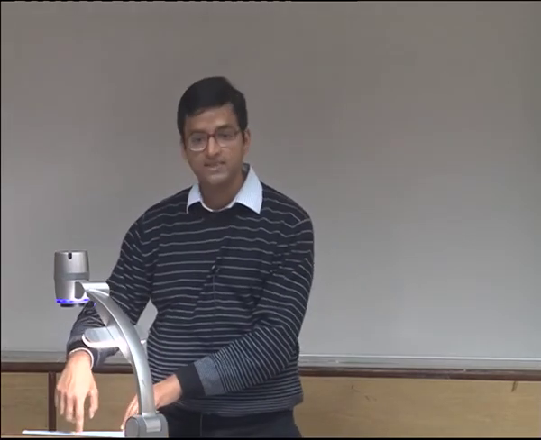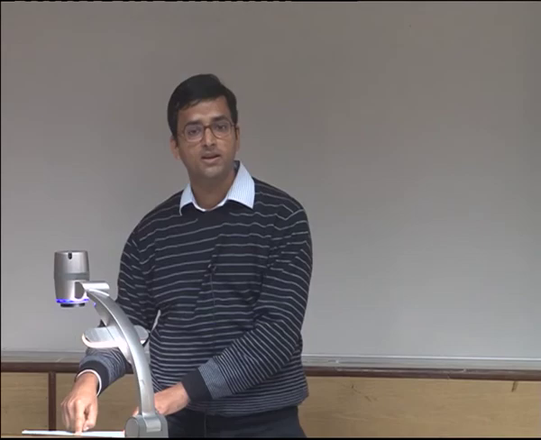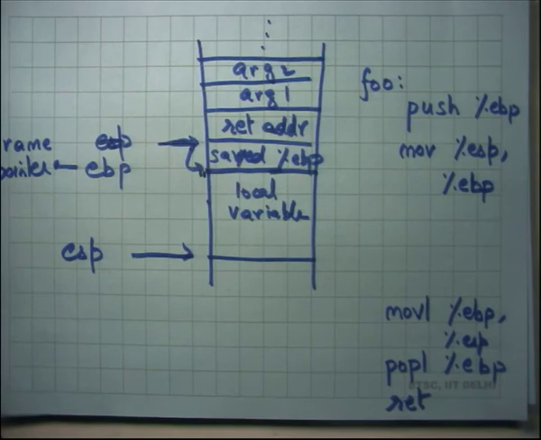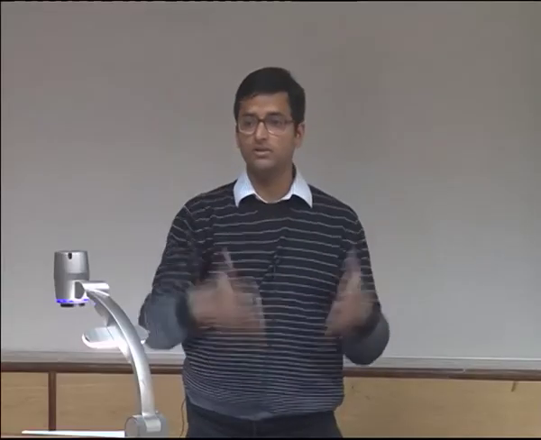And in fact, such bugs have existed historically in a lot of our programs, and such bugs have been used to attack. So if I'm accessing a local variable, let's say it is an array, and I offset into the array, and the offset happens to be bigger than the size of the allocation, now I can actually clobber my saved EBP or return address, and based on that I can change the execution control flow. If I clobber the return address, I can jump somewhere else. This is a very common attack called the buffer overflow attack, and basically this means that there was a bug in your code.